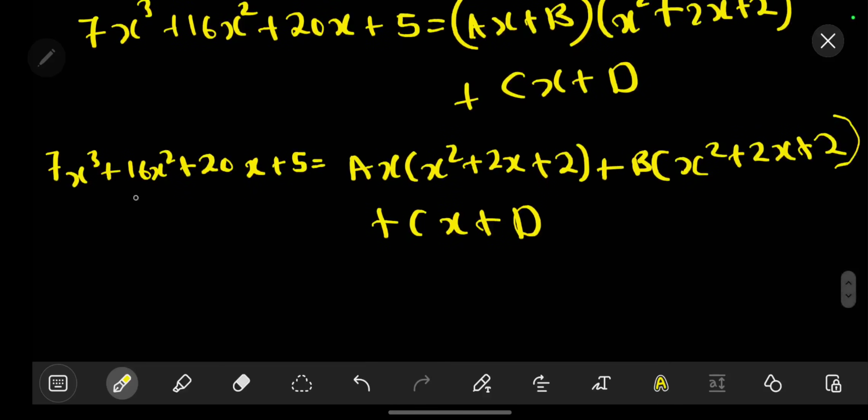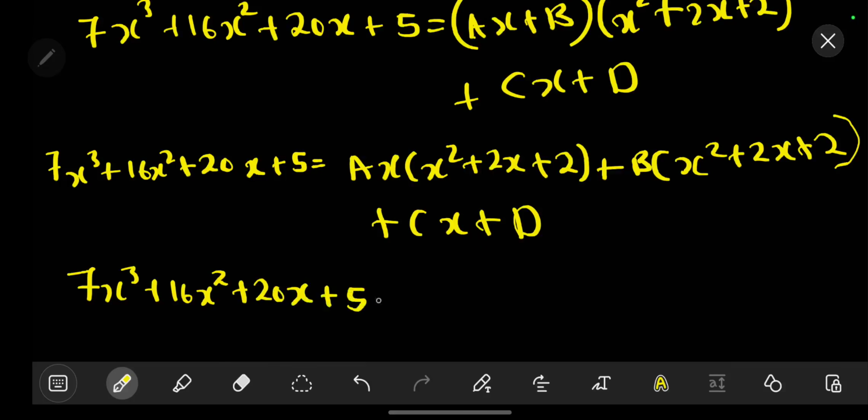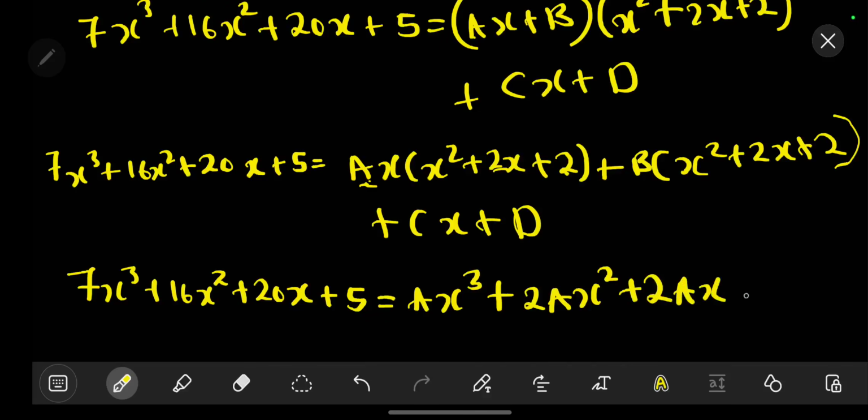So this is going to give us a value that is equivalent to this side, we have 7x to the power 3 plus 16x to the power 2 plus 20x plus 5, which should be equal to ax times that. We are going to have ax to the power 3 plus ax times this, we are going to have 2ax squared, this times this, we are going to have plus 2ax like that.